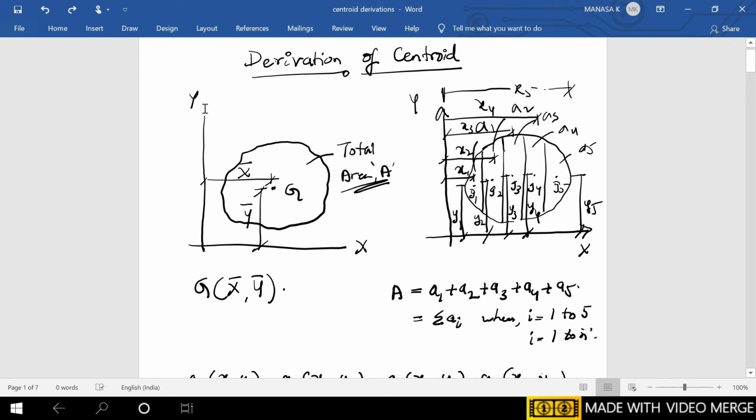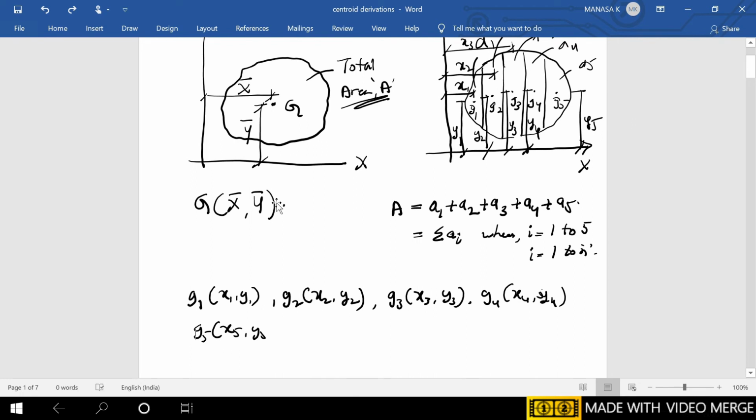For example, I'll consider only the reference axis y. Let us imagine that the x reference axis is not there. So the moment area of this entire total area A about the axis y can be written as, how can you write? Moment area is nothing but area into perpendicular distance.